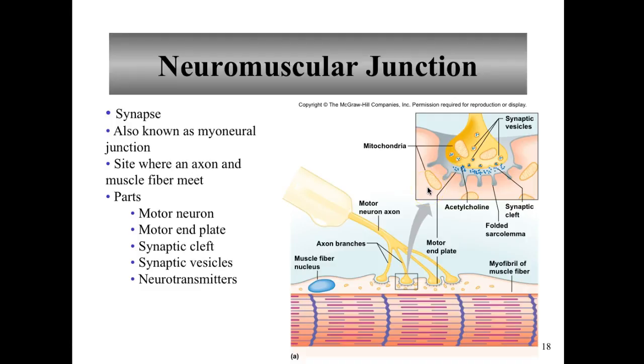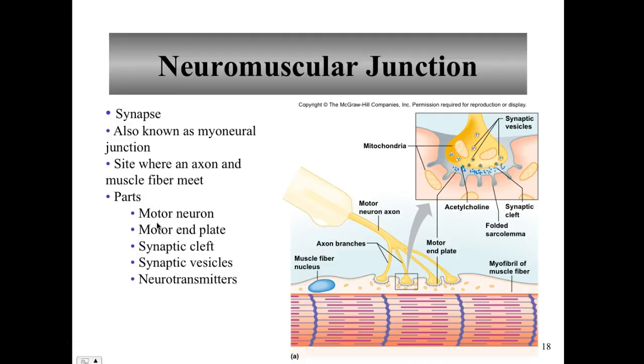You can see a figure of this in your textbook on page 298. It's figure 9.8. This neuromuscular junction is also known as a myoneural junction. It is the site where an axon and the muscle fiber meet, and these are the individual parts.